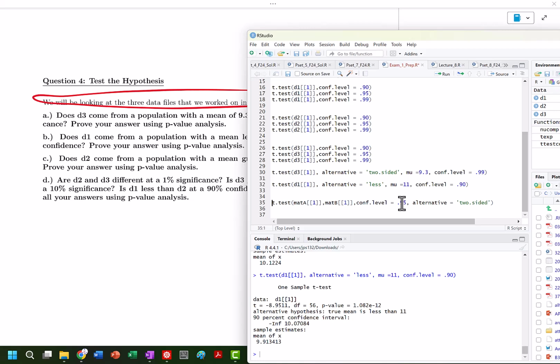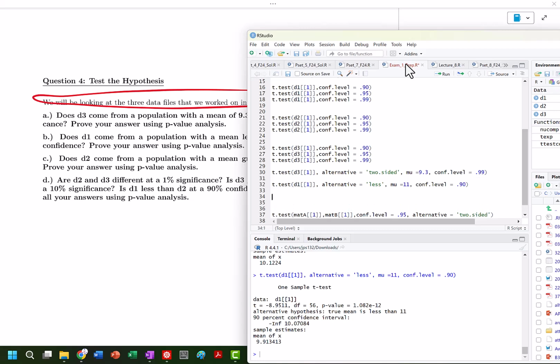So let's go ahead. The p-value, again, is extremely small, so it is definitely less than our alpha, which is going to be 0.1. Excuse me, my mistake. Here, it's less than alpha, so we are in the reject regime. This is also going to be a reject, so we're going to reject that null hypothesis.